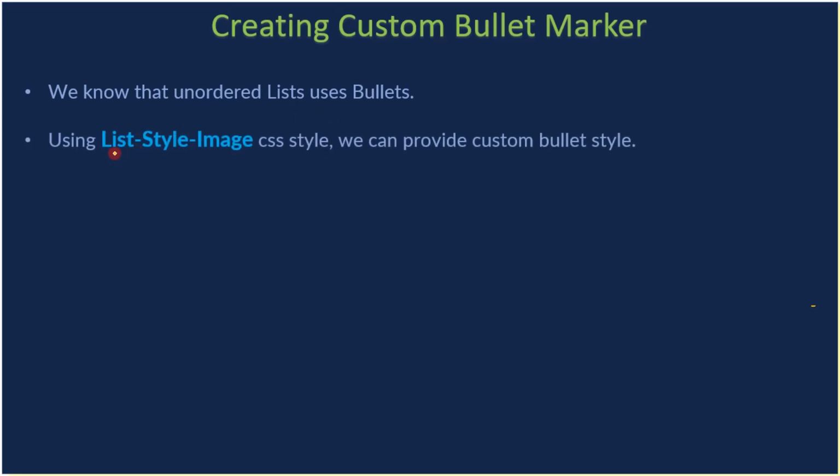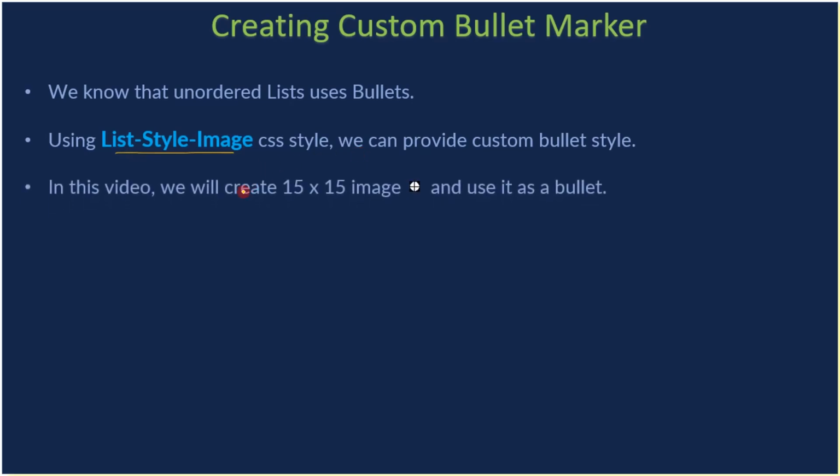Using list-style-image, that's the CSS style, we can provide a custom bullet style for our unordered list. In this video, we will create a 15x15 image, and the image looks like this, and use it as a bullet for our list item.